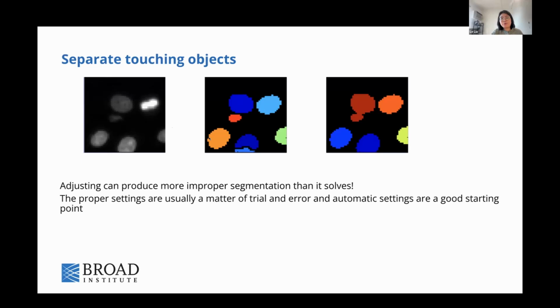For example, in this experiment, you can tune the minimum local maximum to separate these two objects into two different objects, or if you make it too large, they merge into one object.